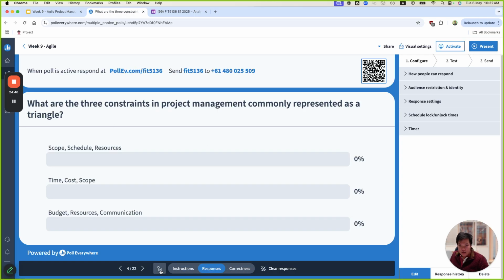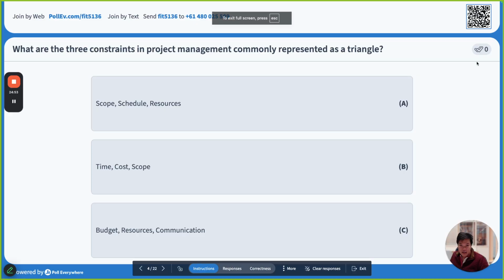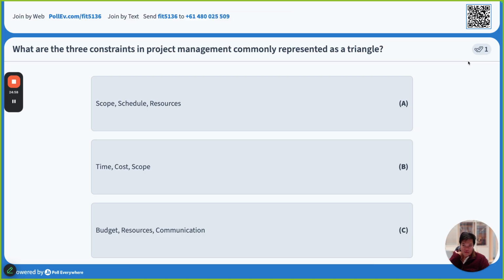All right, here we go. What are the three constraints in project management commonly represented as a triangle? Does anyone remember?